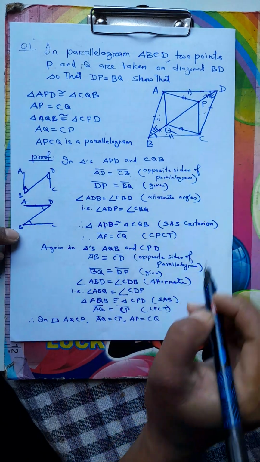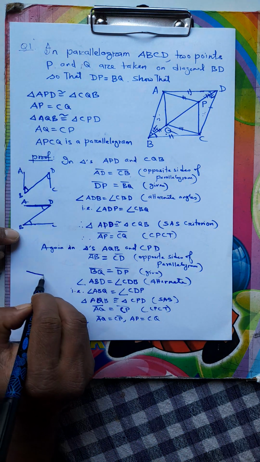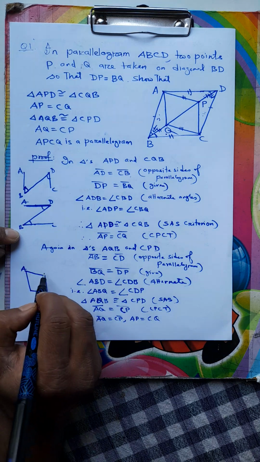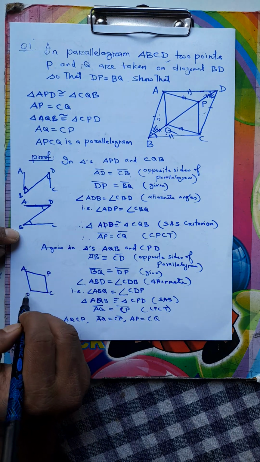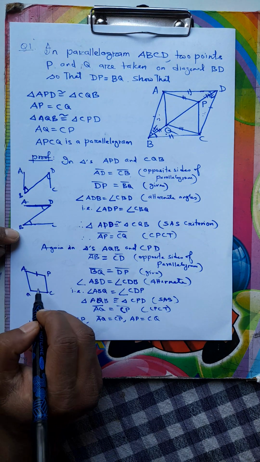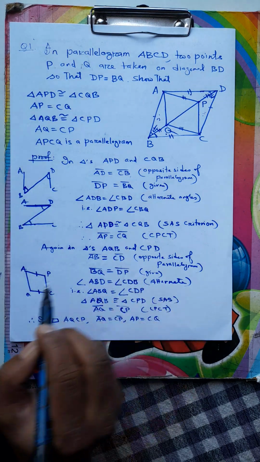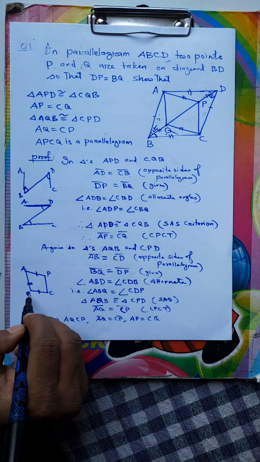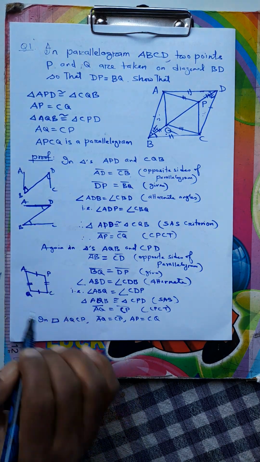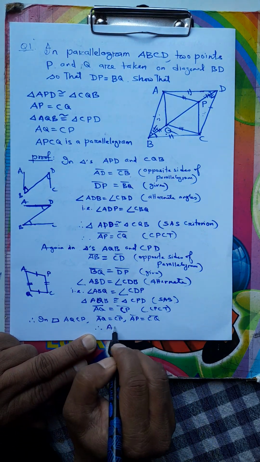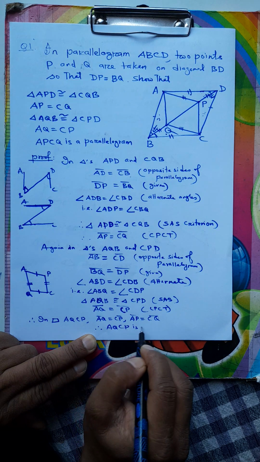So in this quadrilateral, we find that AP equal to CQ, this we proved earlier. Then we again proved that AQ equal to CP. So opposite sides are equal, therefore AQCP is a parallelogram.